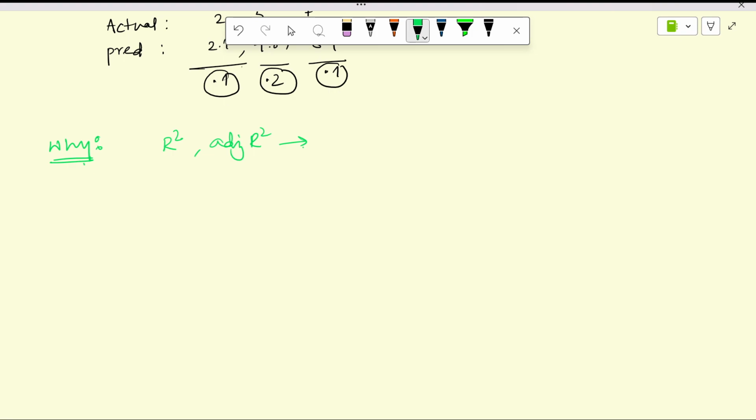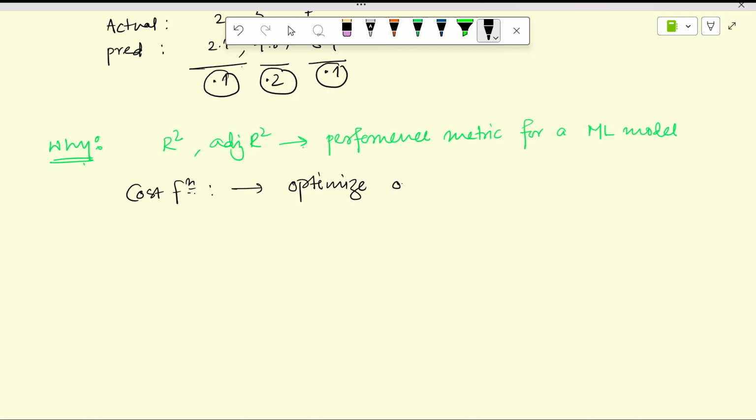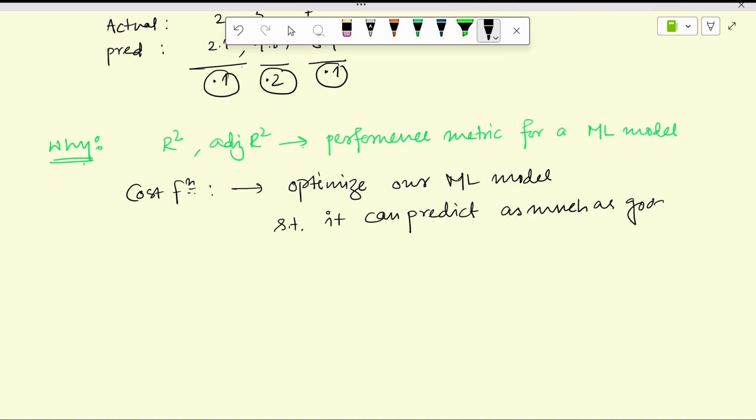Those are generally performance metrics for a machine learning model, that means how good or bad the model is. But by this cost function, we can optimize our ML model such that it can predict as well as possible.